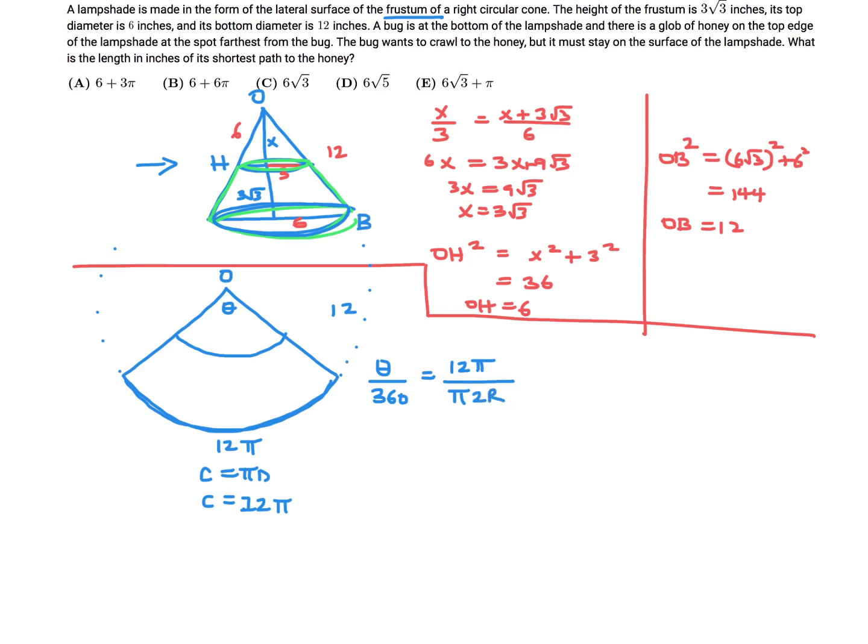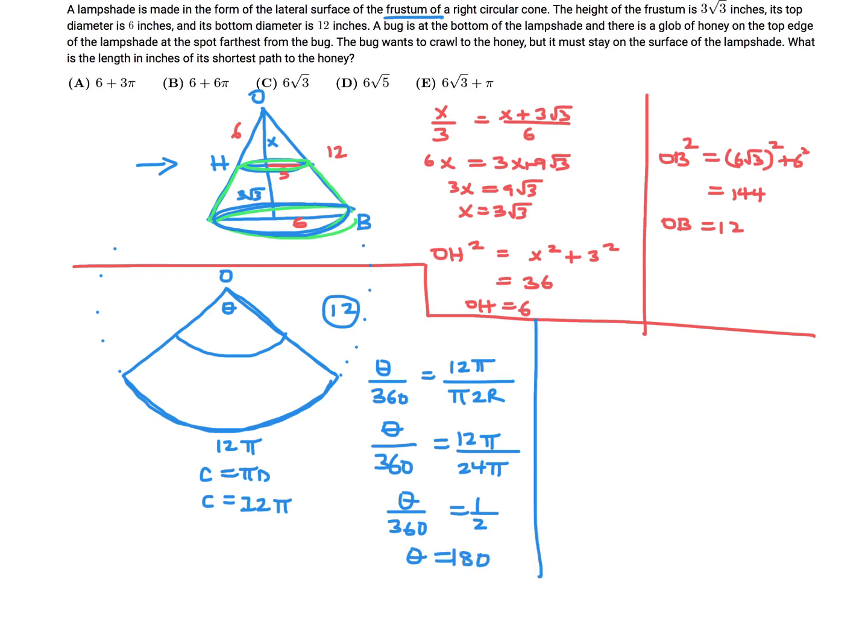But the r in this case is 12, the distance from there to there. So theta over 360 would be 12 pi over 2 times 12 pi, which is 24 pi. So that means theta over 360 is a half, so theta is 180. Okay, if theta is 180, that's very interesting.